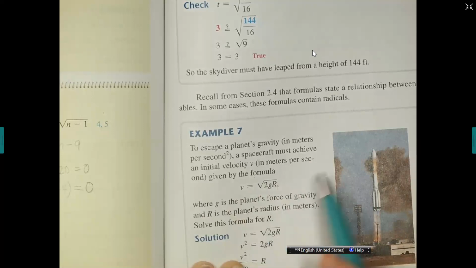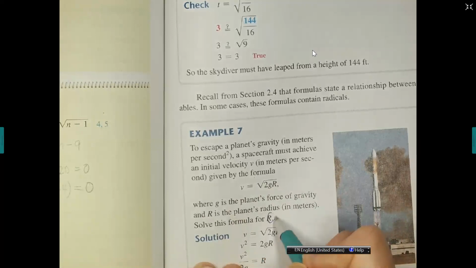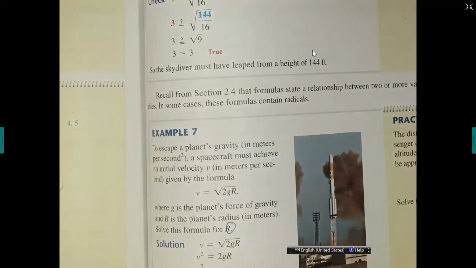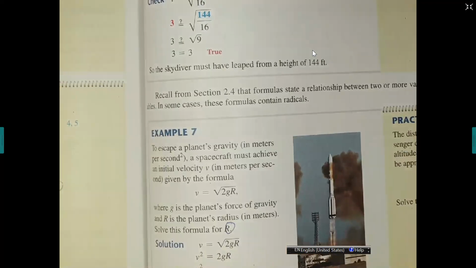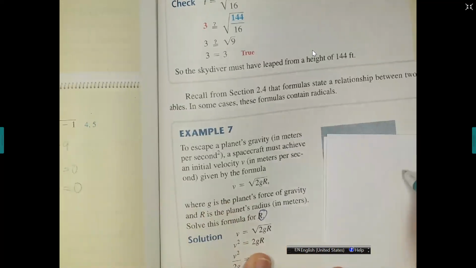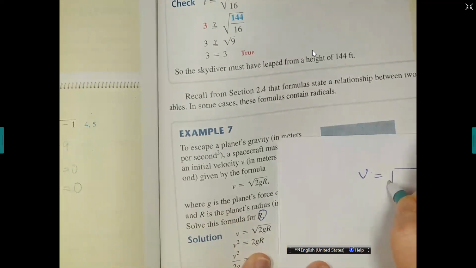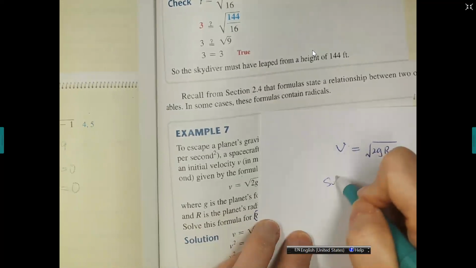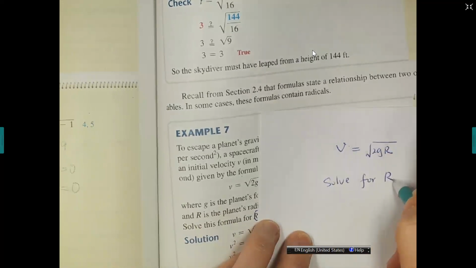We are asked to solve for capital R. I will rewrite the problem here: forget about all those words. Given the equation v equals radical 2gr, there are three letters, and we are asked to solve for r.